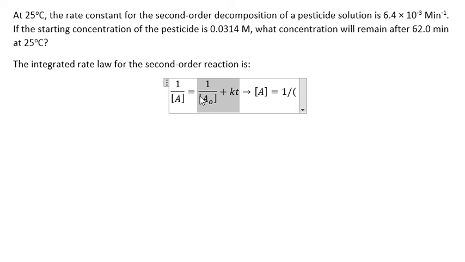So I will put this one go to the left, capital A go to the right.